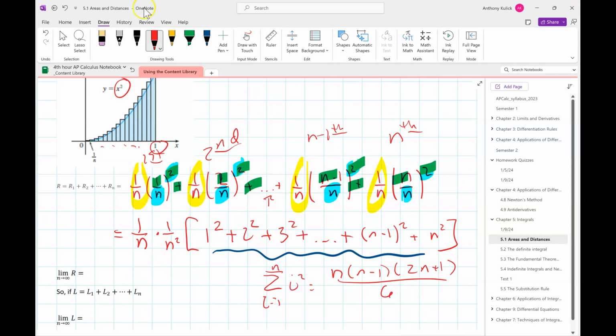I have to look that up real quick. It's not important that you'd have that memorized. I would not expect you to have that memorized, as obviously I didn't have it memorized because I had to go back and look it up. So what we have here then is Rn is equal to this.